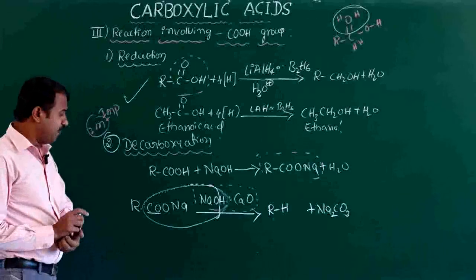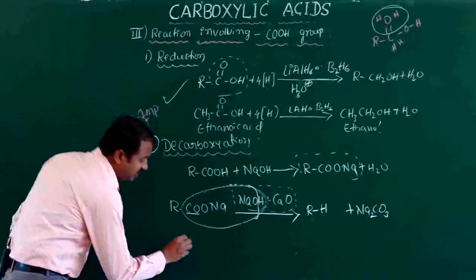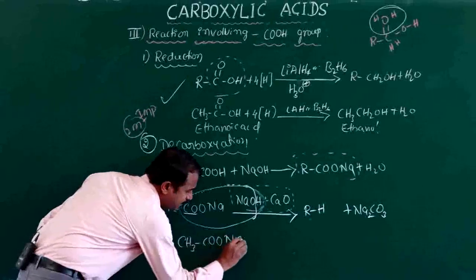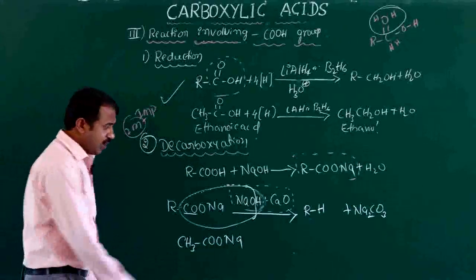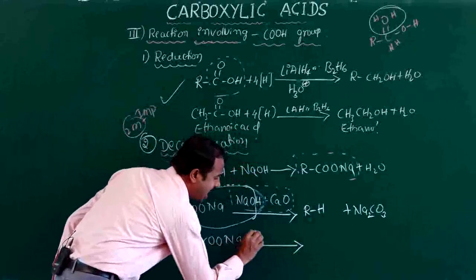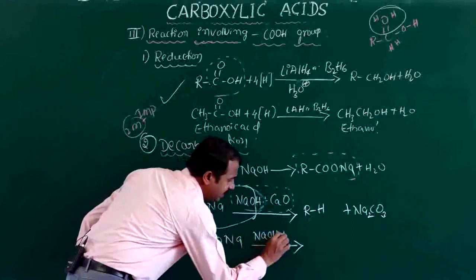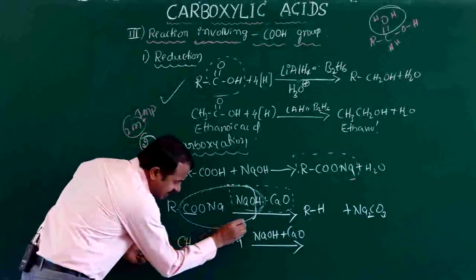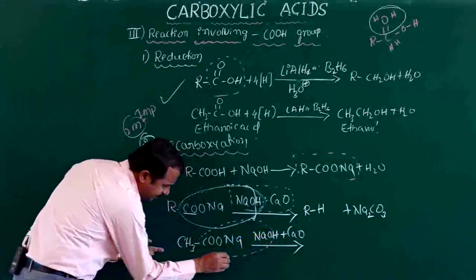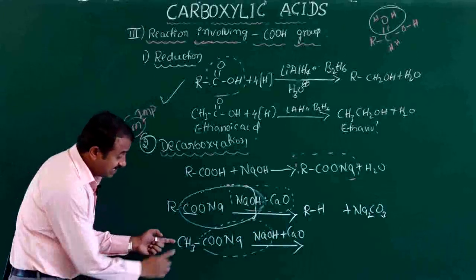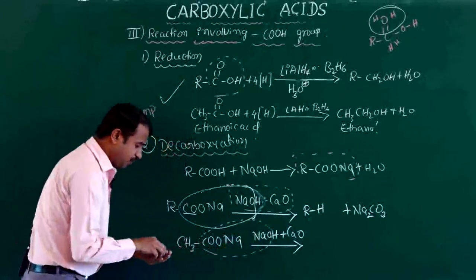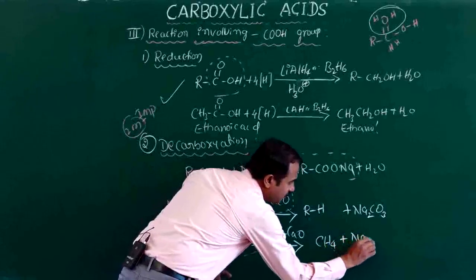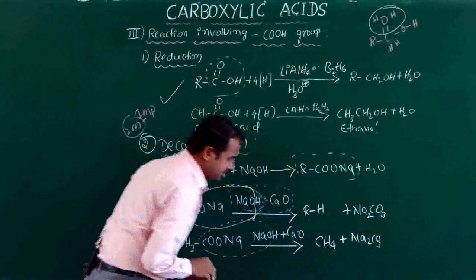Instead of sodium carboxylate, you take sodium acetate, CH3COONa. When the sodium acetate is heated with soda lime, it undergoes decarboxylation. Listen here, sodium carbonate is released, CH3 plus H to form CH4 and Na2CO3.